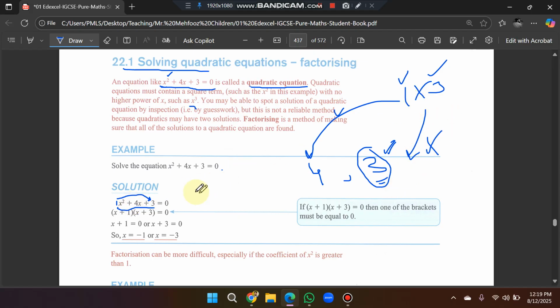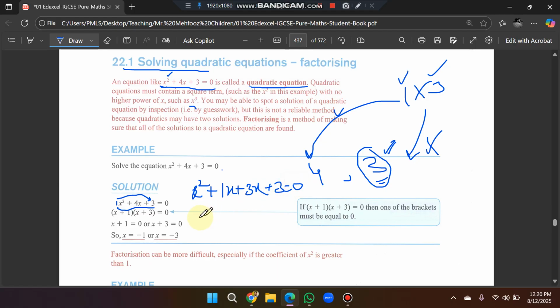So we write x square plus 1x plus 3x in the place of 4x, plus 3 is equal to 0.